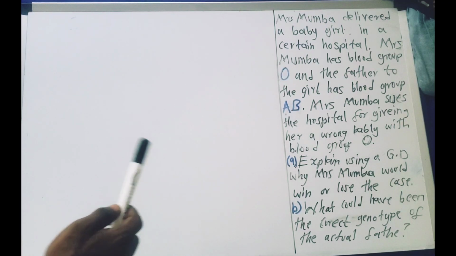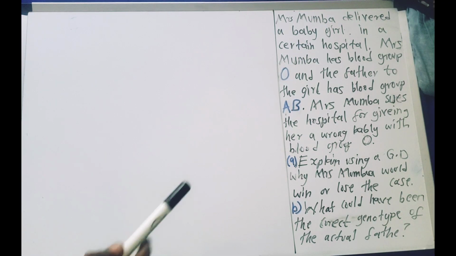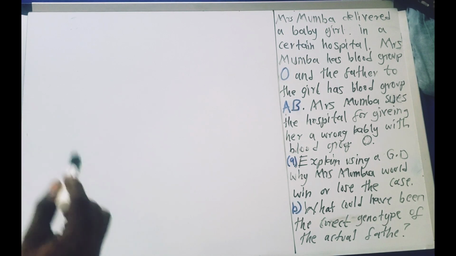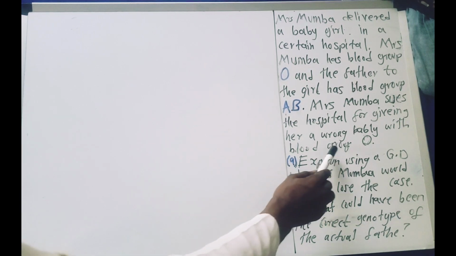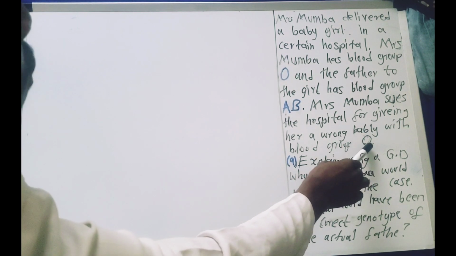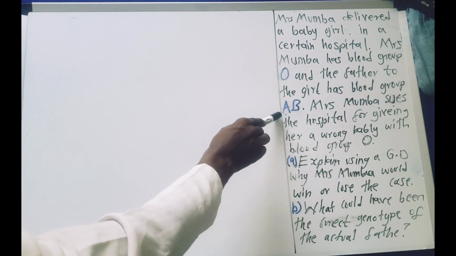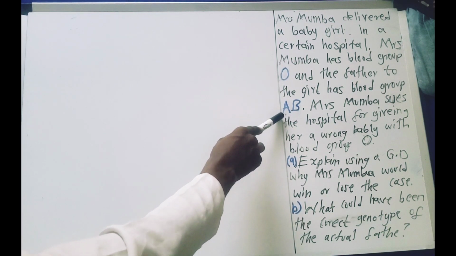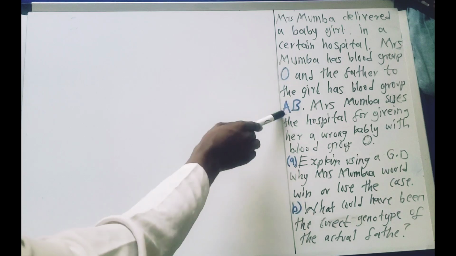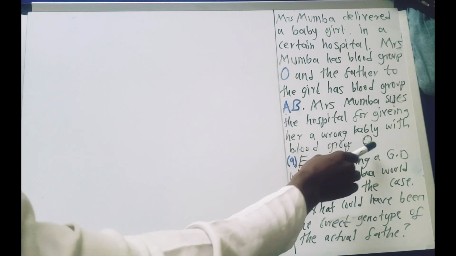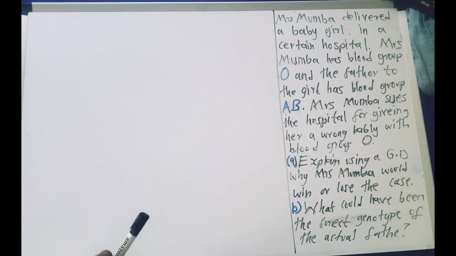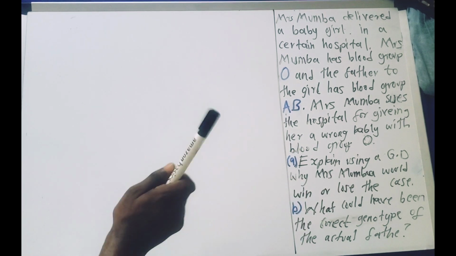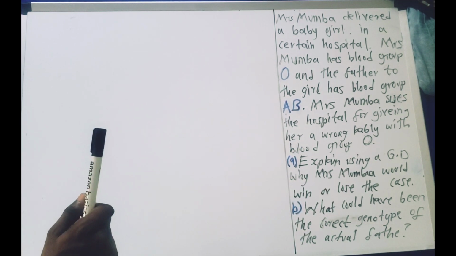So they've asked us to use the genetic diagram and explain whether she was right that, with these two blood groups, they cannot produce a baby with blood group O, or whether she was wrong and they can. I hope you understand the question.